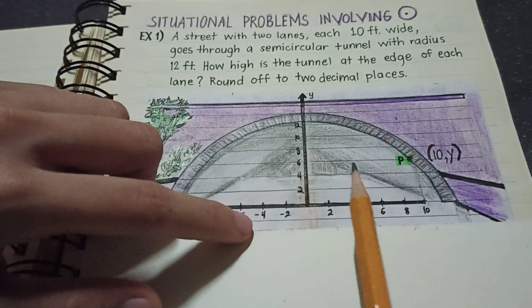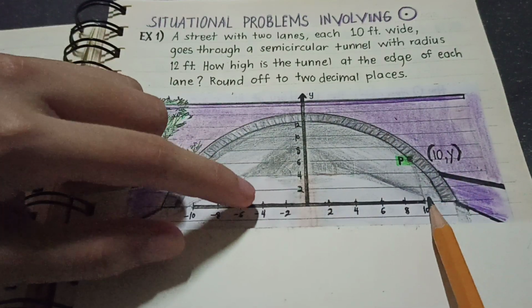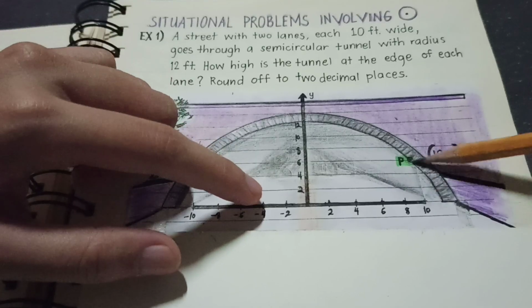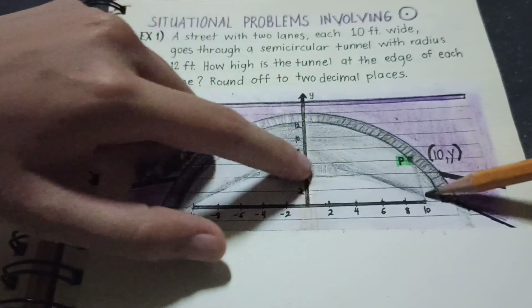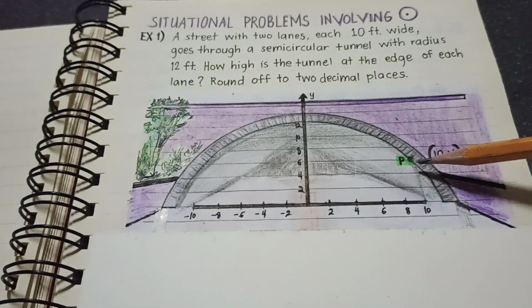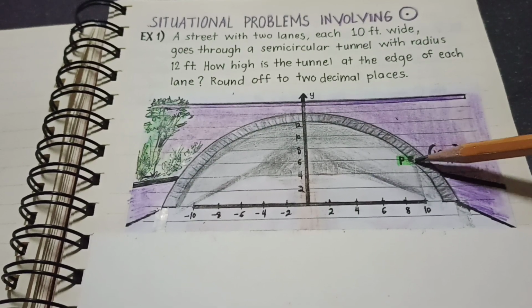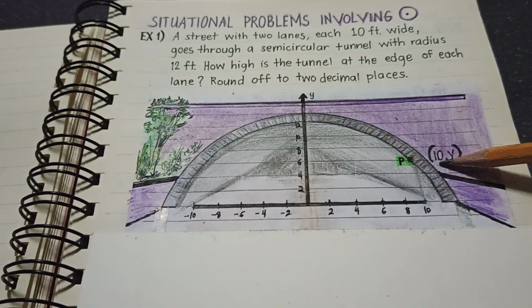I'm sure that it is 10 because I have started my construction there. Right? So the question is, what is its height? What is this one? Actually, it's the y-coordinate, correct? To which I am not yet certain. This illustration may have error. So for the meantime, I know that the coordinates of that is (10, y).